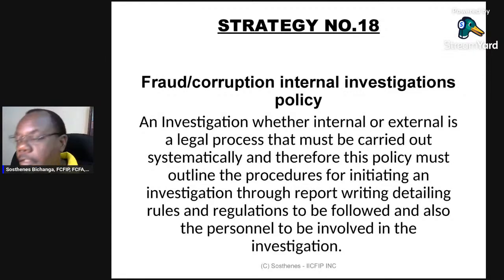Nature of investigation. An internal investigation is legal as well as administrative in nature.